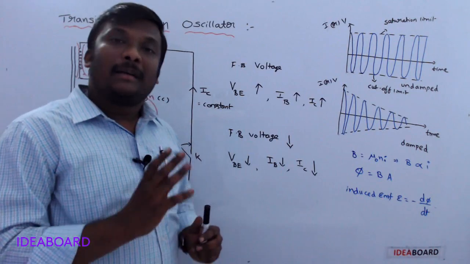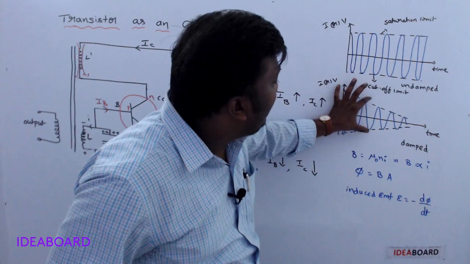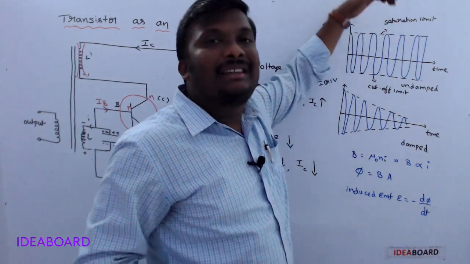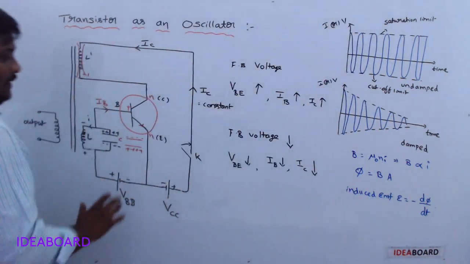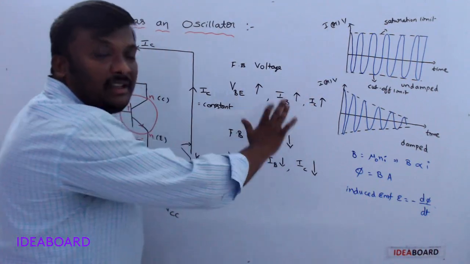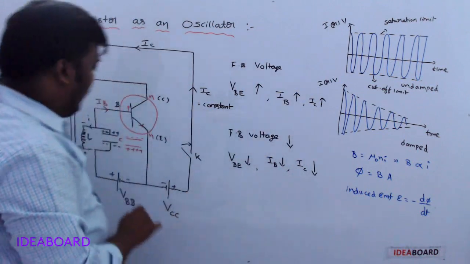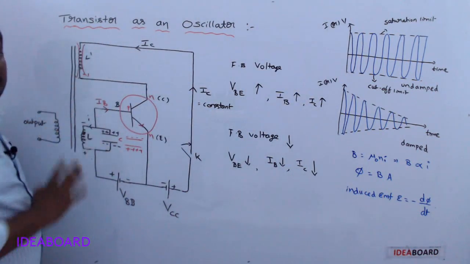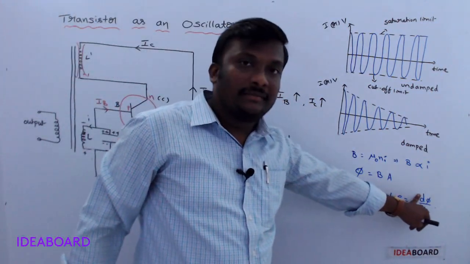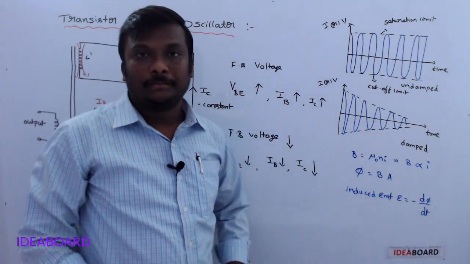Whenever the capacitor is completely charged, it means all these electromagnetic waves reach the saturation limit here. Whenever they reach the saturation limit, the increase in the collector current is stopped. It reaches the maximum value. When IC reaches the maximum value, at that place the capacitor is fully charged. Understand? So flux variation is not there. Whenever flux variation is not there, induced EMF is 0.